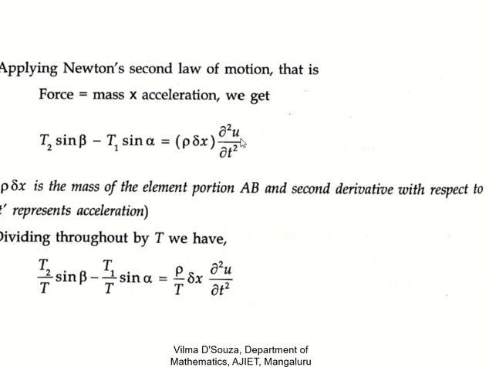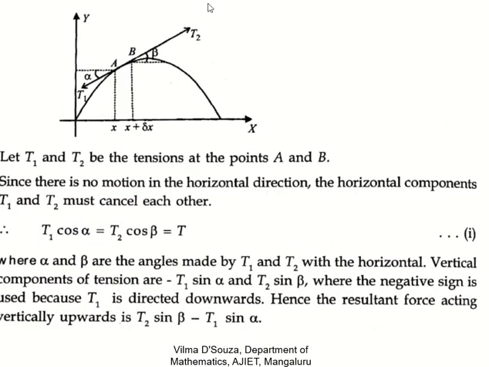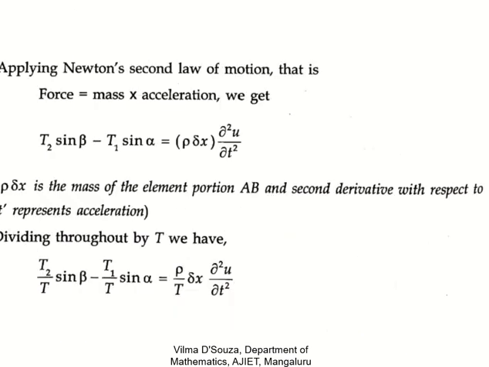But since here u is a function of both x and t, we are taking the partial derivative. Rho into delta x is the mass of the element of the portion AB, and the second derivative with respect to t, dou square u by dou t square, represents acceleration.